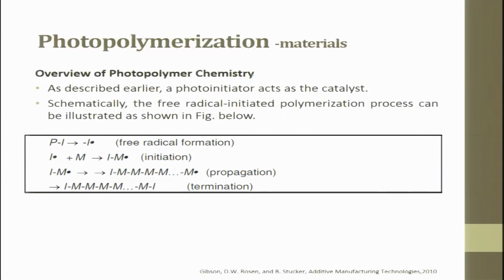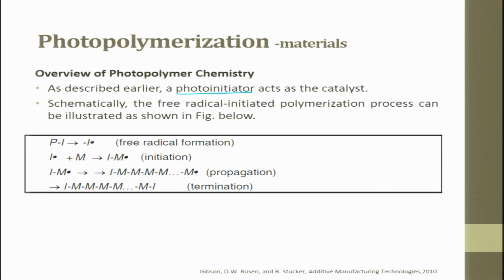The overview of photopolymer chemistry, and as described earlier, a photoinitiator acts as a catalyst. Schematically, the free radical initiated photopolymerization process can be illustrated as shown in figure 1. PI becomes I with a free radical. So, free radical formation, I reacts with M and forms an initiator I M dot.